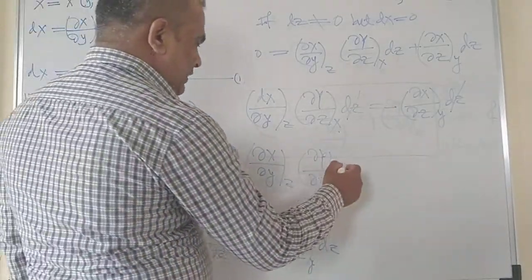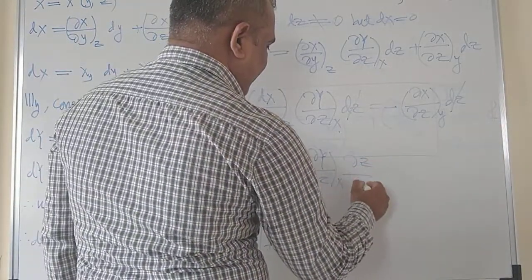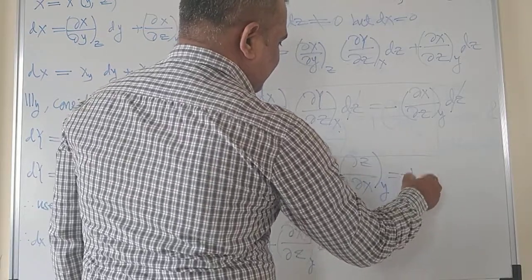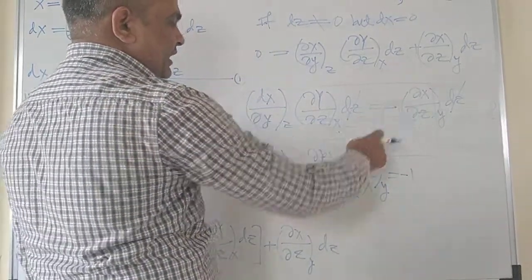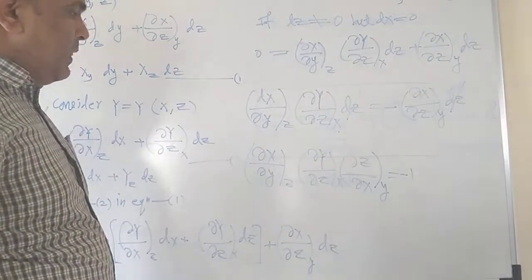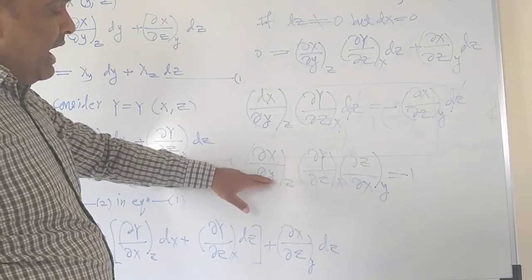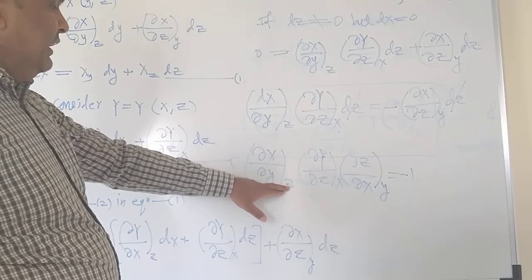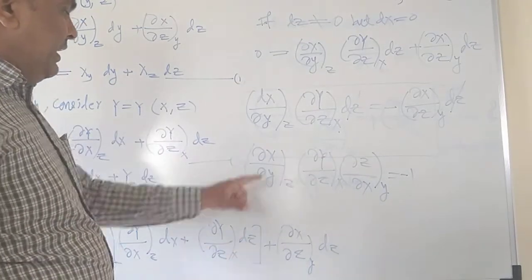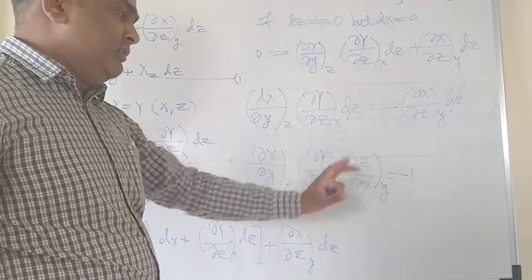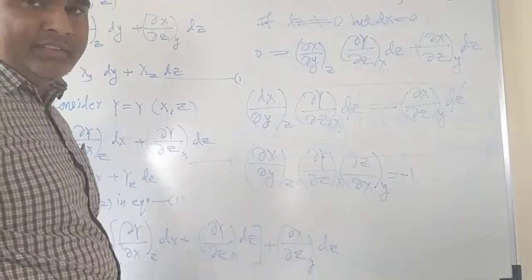So that will be ∂z/∂x at constant y, and this is equal to minus 1 because the negative sign is there. I can rewrite this relation as ∂x/∂y at constant z into ∂y/∂z at constant x into ∂z/∂x at constant y. That's okay. You need not rewrite the relation.